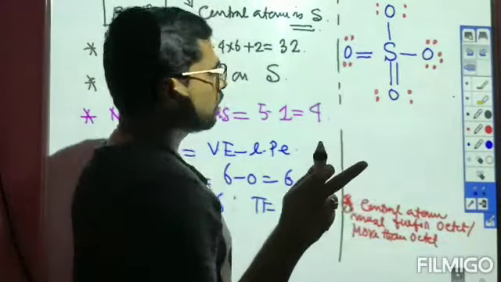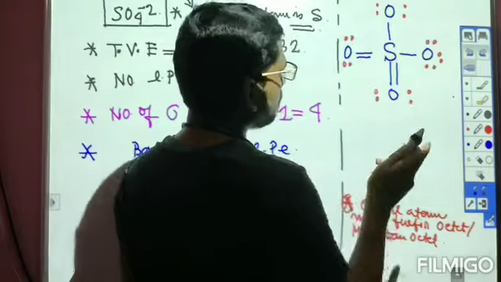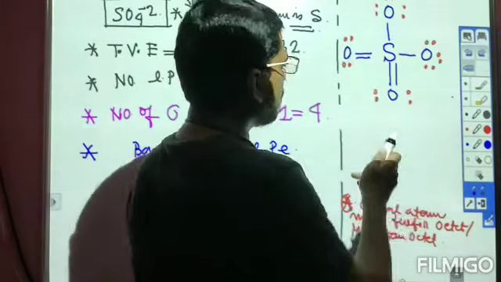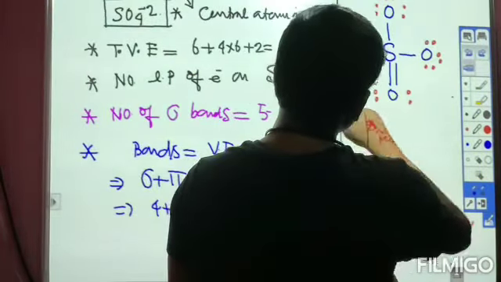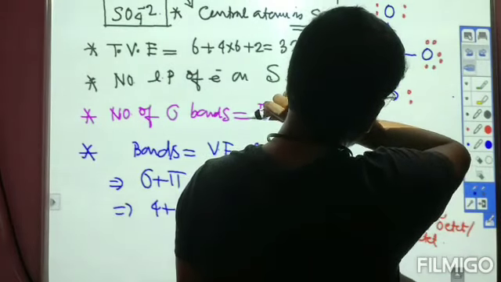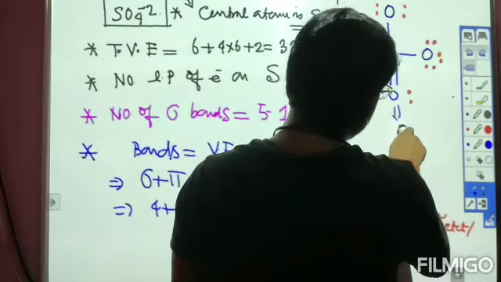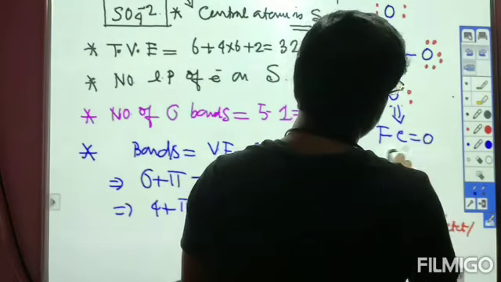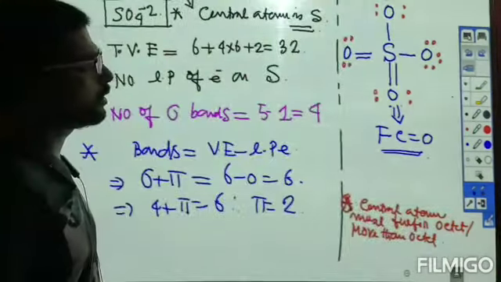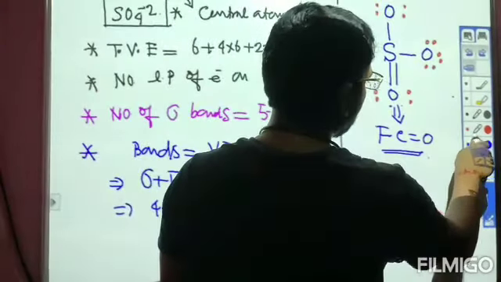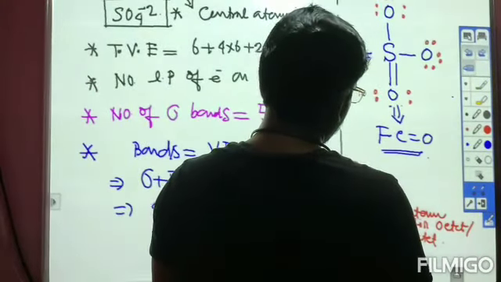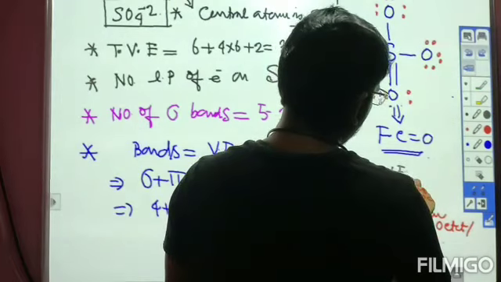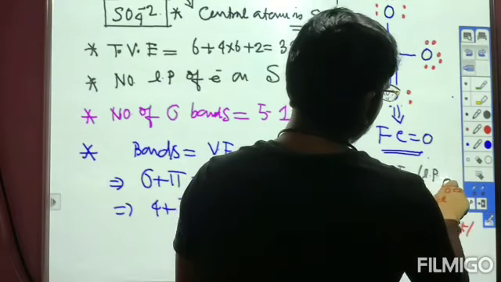In the previous slide I have shown that it does not carry any formal charge, formal charge equal to 0. What is the formula? Formal charge equal to valence electron minus lone pair electron plus bond.